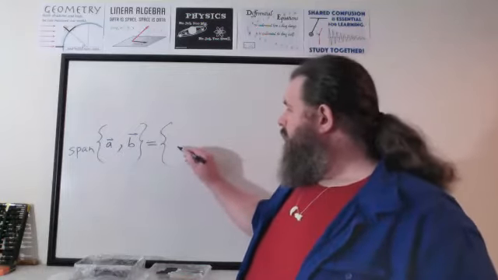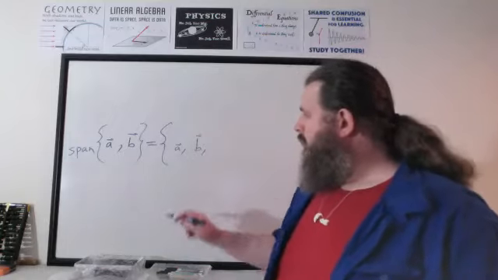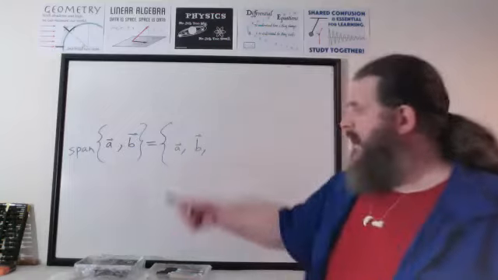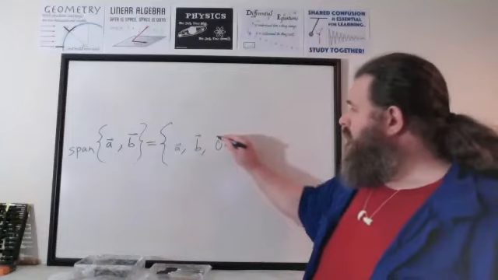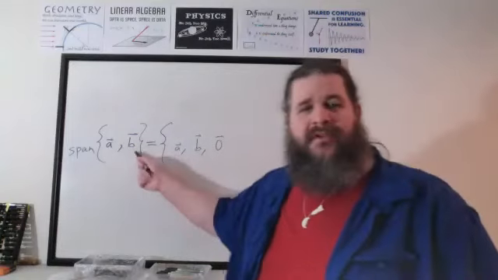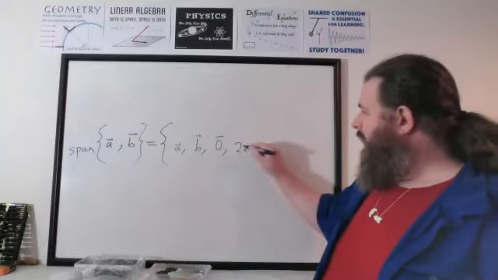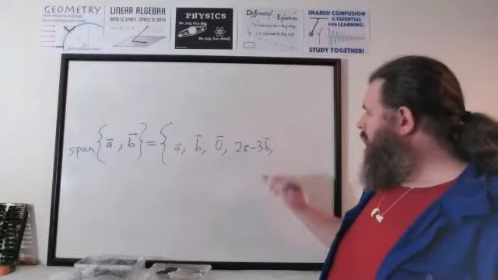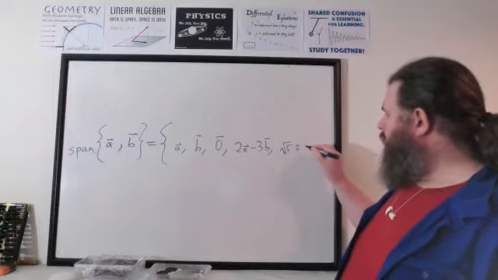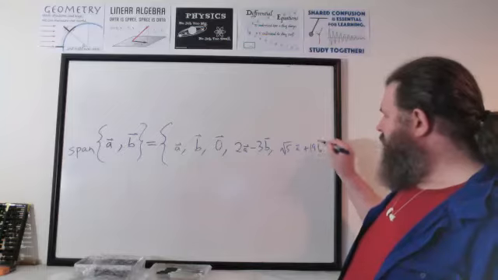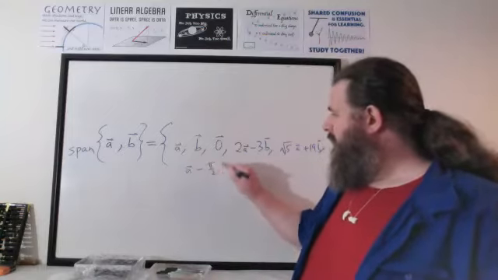So that's going to include A itself and B itself, because you can get 1A plus 0B, that's A, or 0A plus 1B, that's B. It'll also include the zero vector, because 0A plus 0B is the zero vector. It's also going to include 2A minus 3B and square root of 5A plus 19B and A minus pi over 2B.